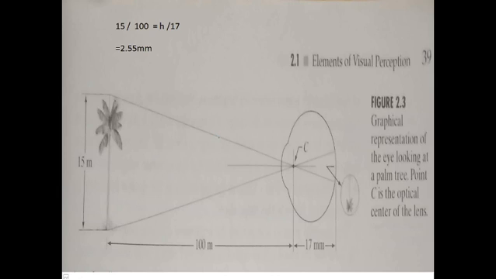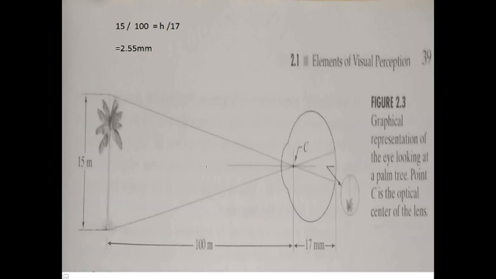Let us consider an image of a tree which is around 15 meters high. When you look at this object, the inverted version of this image is formed on the retina surface. The object is at a distance of 100 meters from the focal point.